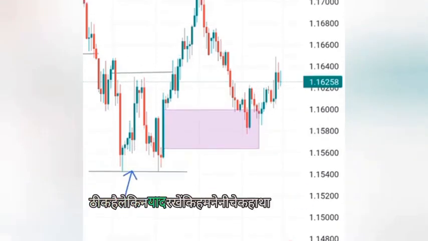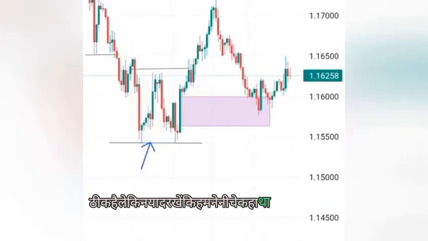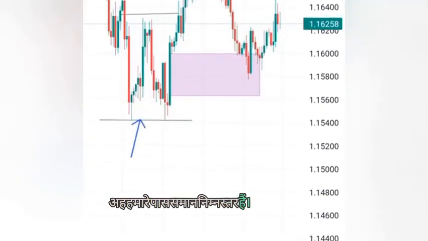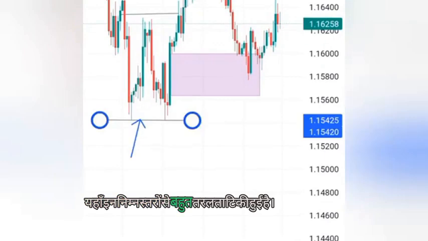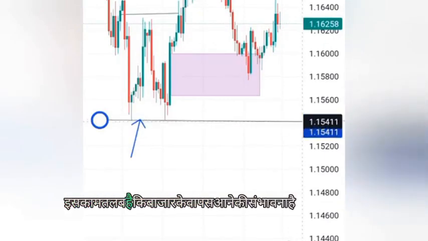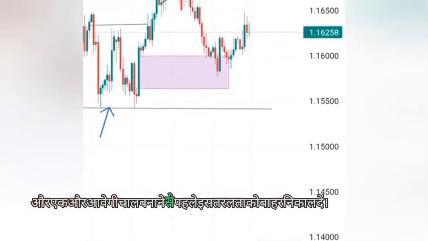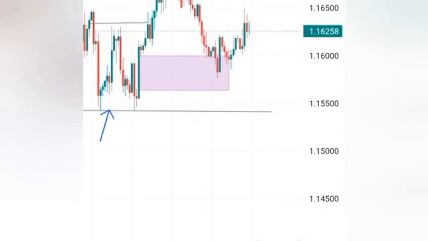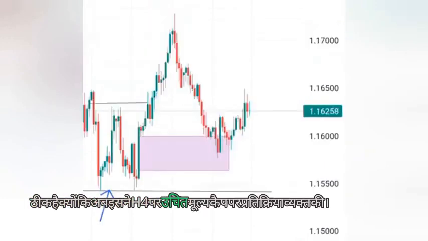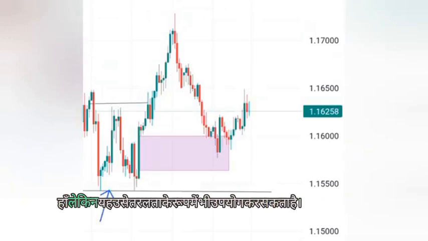But remember, we said down here we have equal lows. There is a lot of liquidity resting at these lows. That means there's a possibility of the market coming back and taking out this liquidity before it makes another impulsive move. Because now it reacted on the fair value gap on H4, yes, but it can also use that as liquidity.